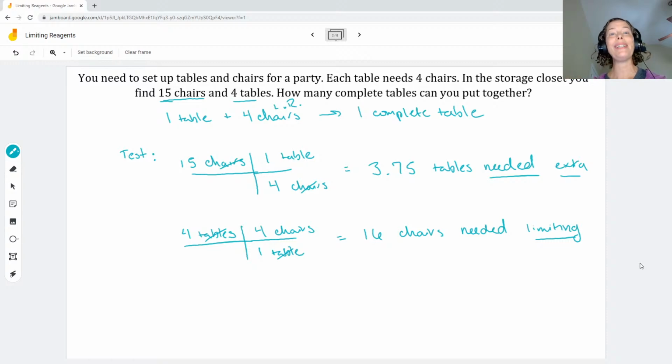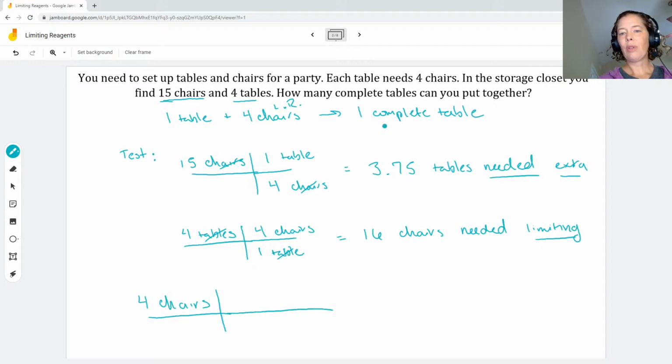Again, you probably did this calculation super fast in your head. You didn't even think about it. But the technique you used is actually limiting reactant. So let's predict how many complete tables we can make. Starting with my limiting reactant, we're going to predict complete tables, using my stoichiometric coefficients.